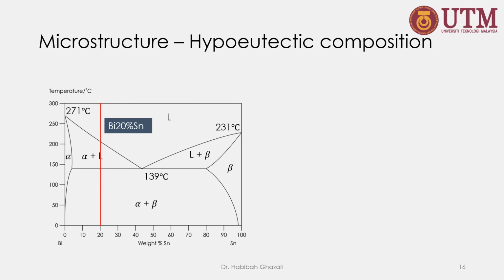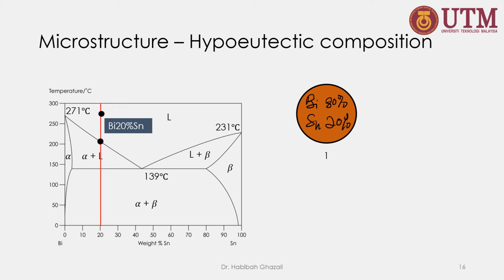So now let's have a look at the hypoeutectic composition, how the microstructure is formed. For this alloy consisting of 20% tin and 80% bismuth, above the liquidus line, everything will be in liquid form, and this liquid consists of 80% bismuth and 20% tin.